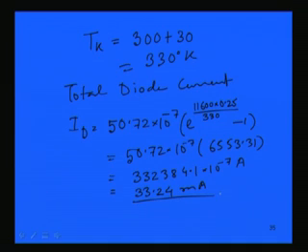We have not changed the biasing voltage, only raised the temperature by 30 degrees centigrade, and this has resulted in the rise of the diode current to 33.24 milliampere from 10 milliampere. So, we have seen the effect of temperature change on the diode current.